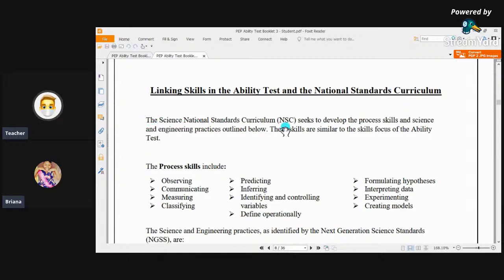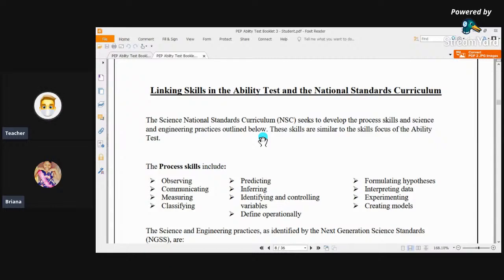It says the NSC seeks to develop the process skills and science and engineering practices outlined below. Okay, so for this booklet, there will be a focus on the science part of it. And now remember that you would have been doing the CBT, or the curriculum-based test. And also remember, ability can pull content.